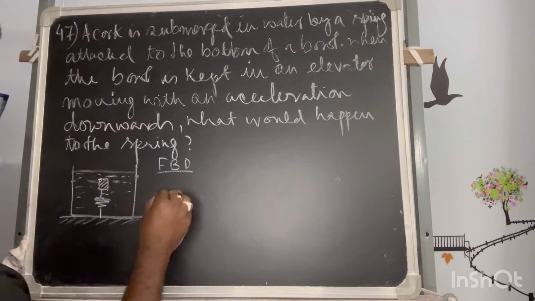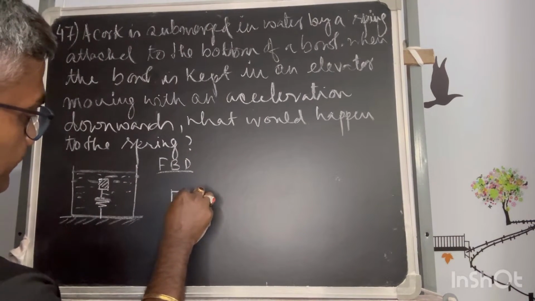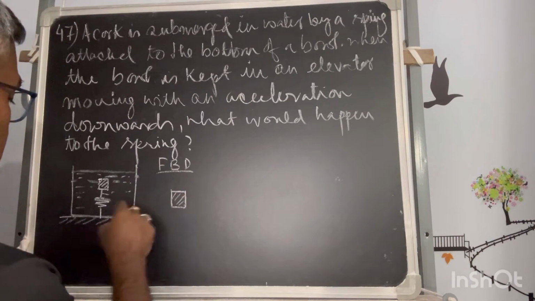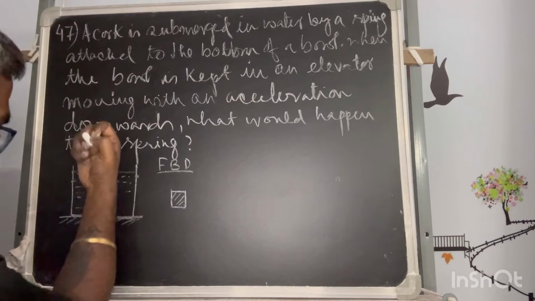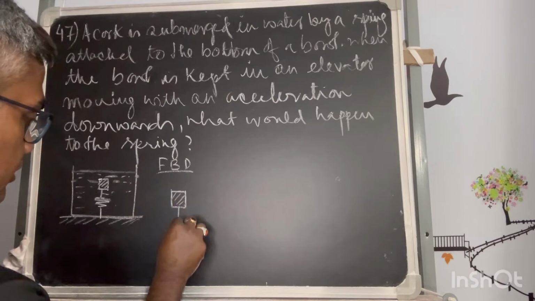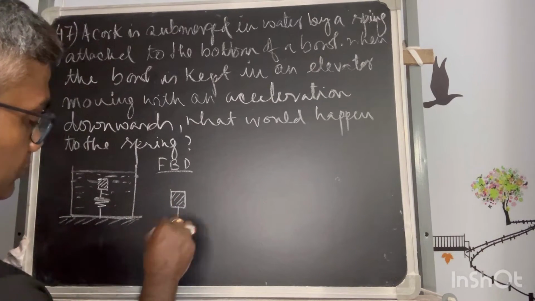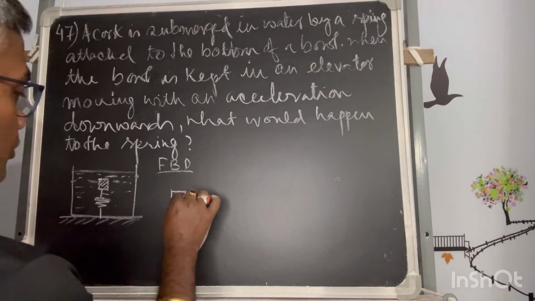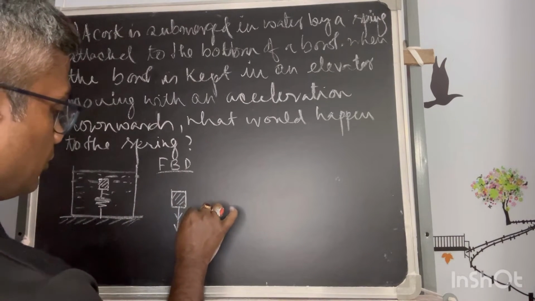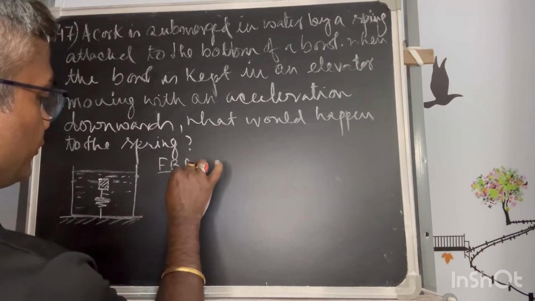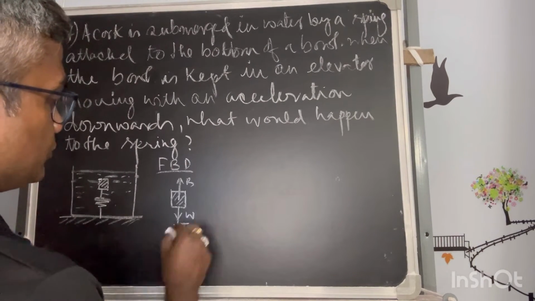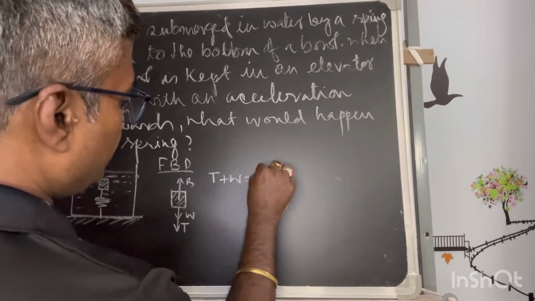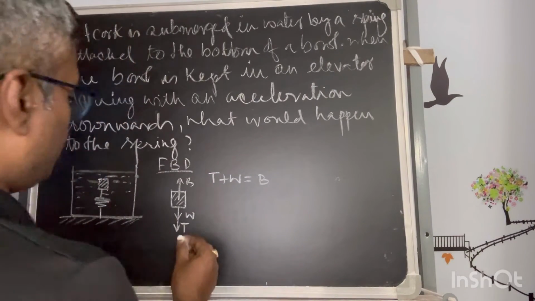of the cork, what are the forces acting on the cork? The spring is pulling it, so there is a tension, or pulling force, due to the spring, on the block having its own weight W, and the buoyant force is acting upward. If I equalize this, T plus W will be B. Now what is T?